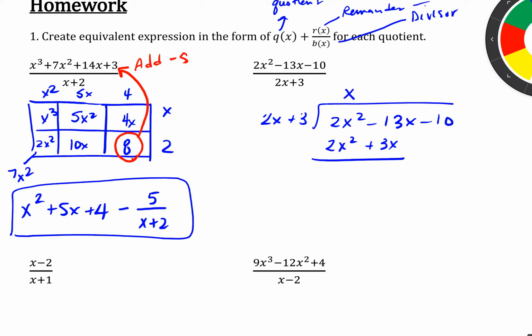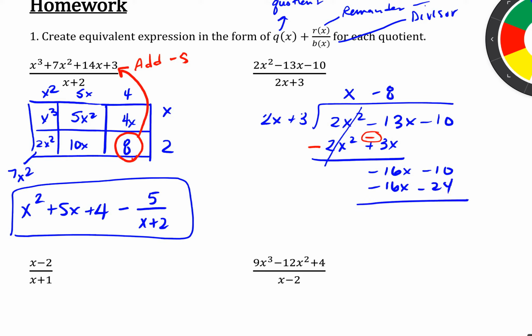Now I am subtracting that second line, so this becomes minus and this becomes a minus sign, allowing me to cancel these, and this becomes negative 16x minus 10. I have to multiply negative 8 times 2 to make negative 16, so that's negative 16x minus 24.